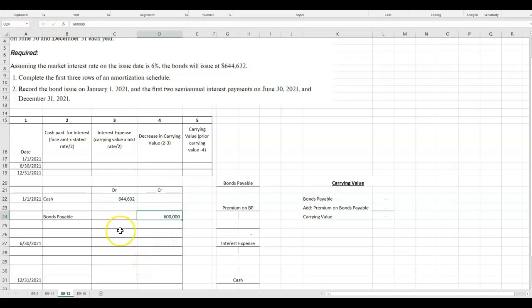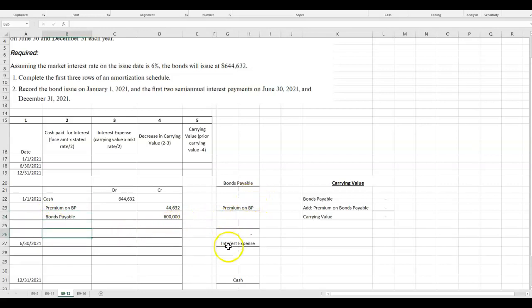Okay. The difference needs to be credited. The difference between the cash we got and the amount we have to pay back at the end, $44,632. That is called a premium on bonds payable. Discount and premium. So this one's a premium.